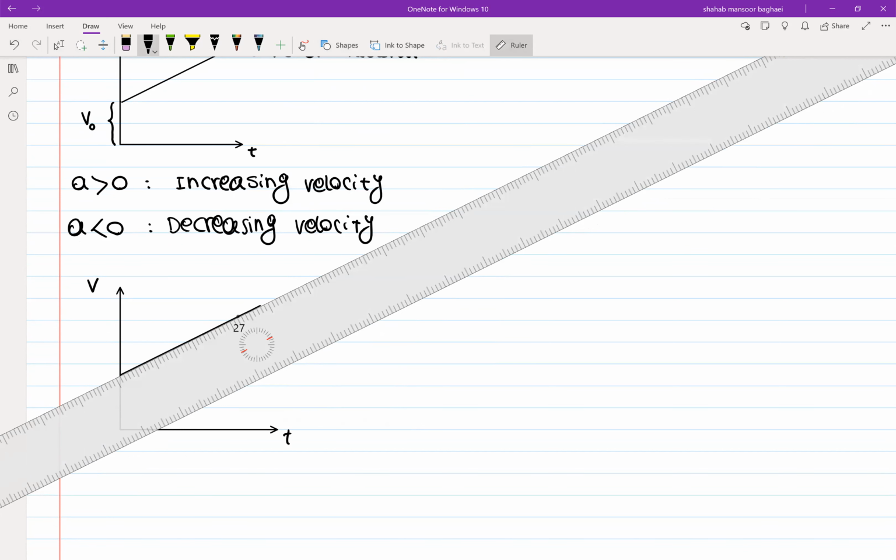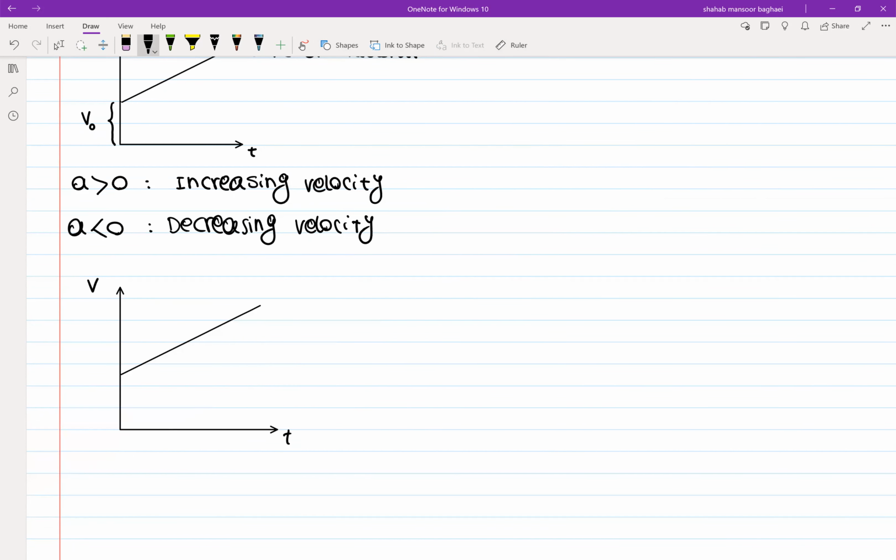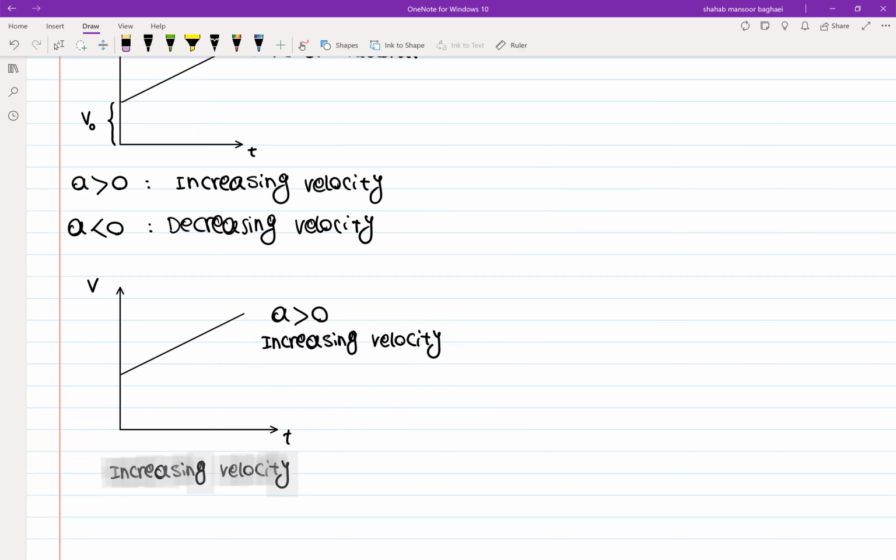Look at this graph. This is increasing velocity, or a is positive. It's here. This is the first case.